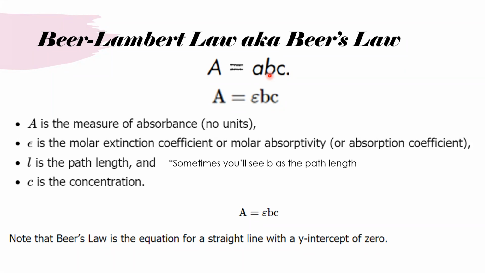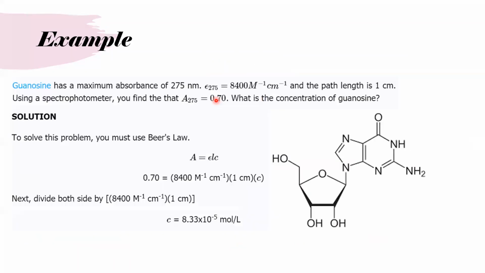And since the absorbance and the path length are known, we can calculate the concentration of the sample. All right, so for this quick example, we'll be getting the concentration of a sample of guanosine, which is a purine nucleoside, similar to guanine, which is one of the 4 main nucleotide bases found in DNA or RNA.